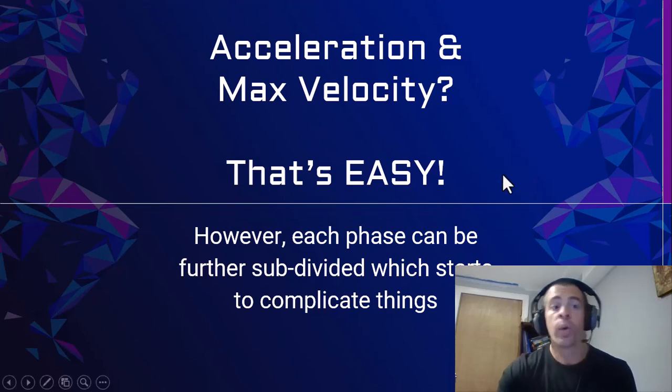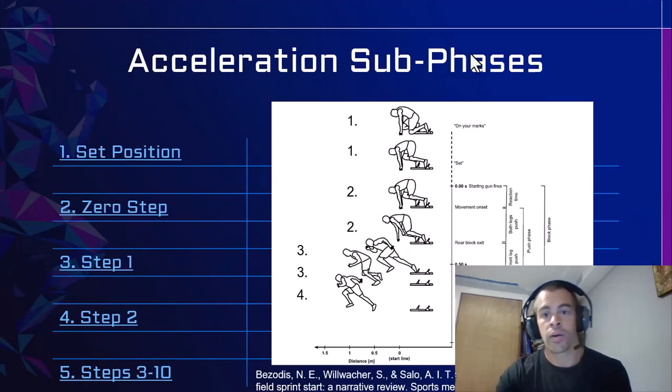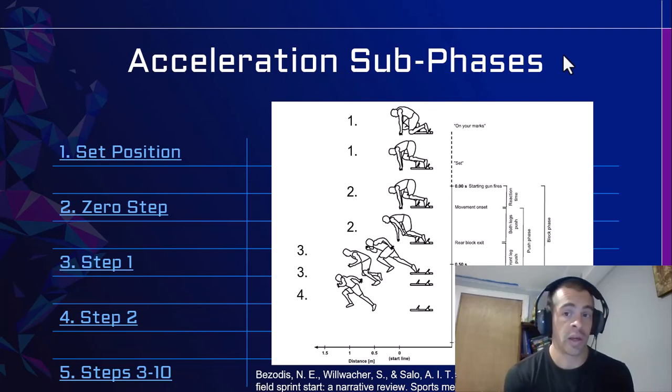So if we were to just look at acceleration, for instance, this is a very brief example. Acceleration has its own subphases. Now, how you want to divide up acceleration really depends on the practitioner or the expert. Here's an example of how you can view acceleration.